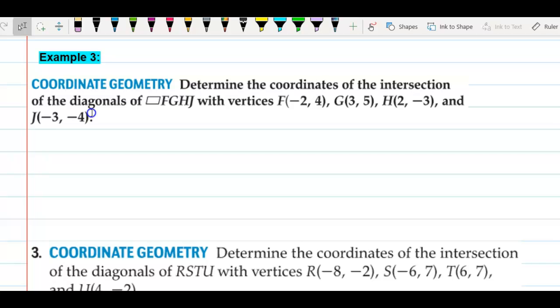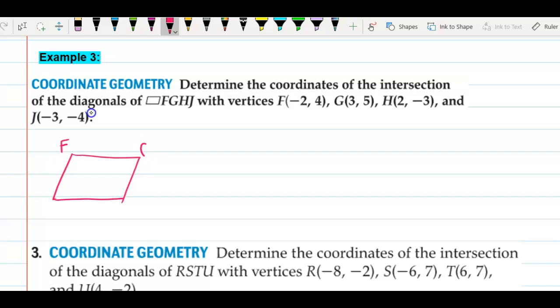So if we drew this picture, remember when we draw a parallelogram, we don't care about the coordinates or anything. When we name a parallelogram or any polygon, we start at a side and then we rotate around. So I'm going to start at F. I always start in the upper left and rotate clockwise.